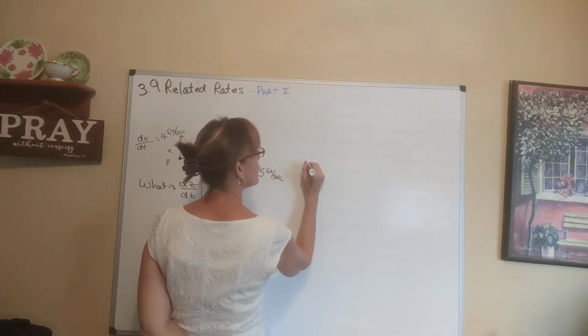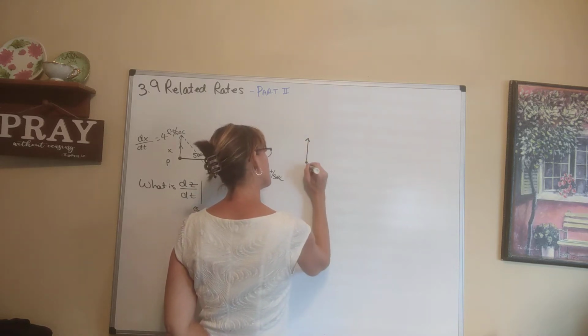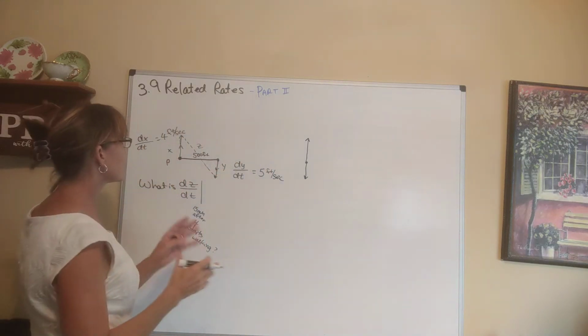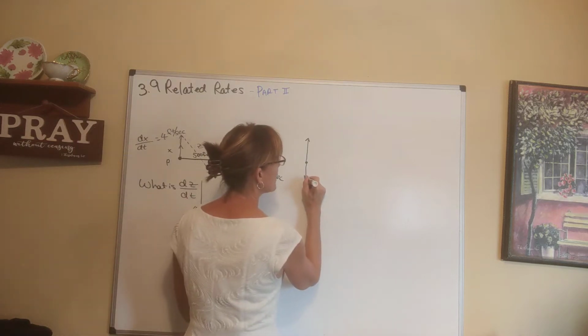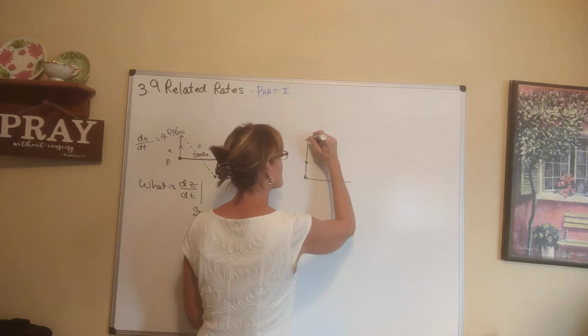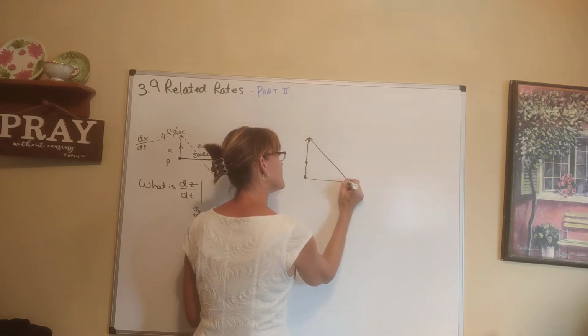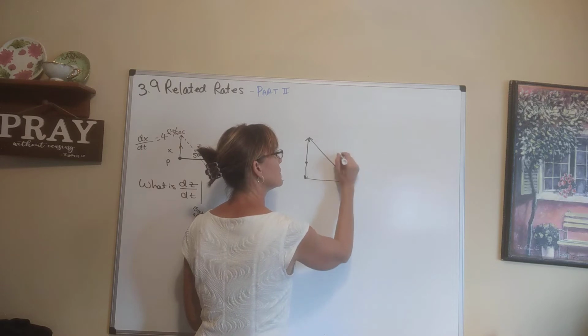So here's my point P, there is the man walking this way, there is the woman walking this way. But they're 500 feet apart, so I just dropped this 500 down. I know 500 is not changing, but what is changing is this right here. This is changing, z is changing.